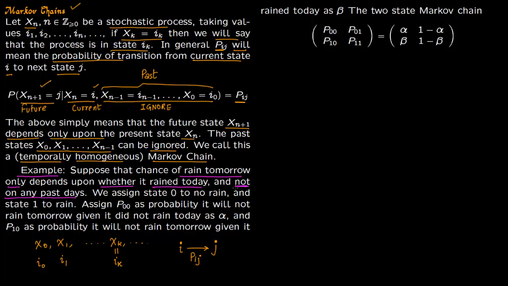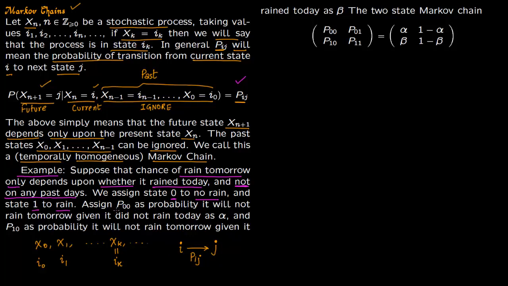So we are not depending on the data of past days. This is like a temporally homogeneous Markov chain. We are ignoring the past data. Only current data, today's data, is needed to predict tomorrow. This is just a toy example. So you assign state 0 to no rain and state 1 to rain.